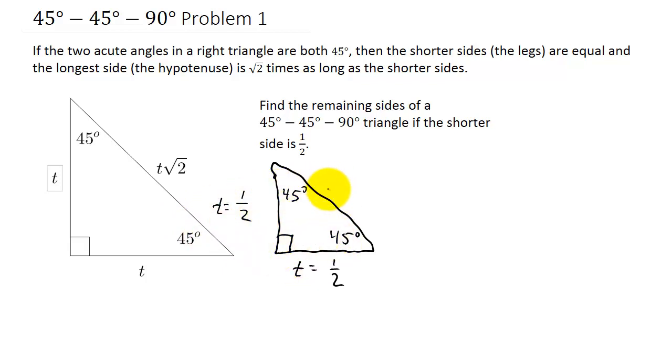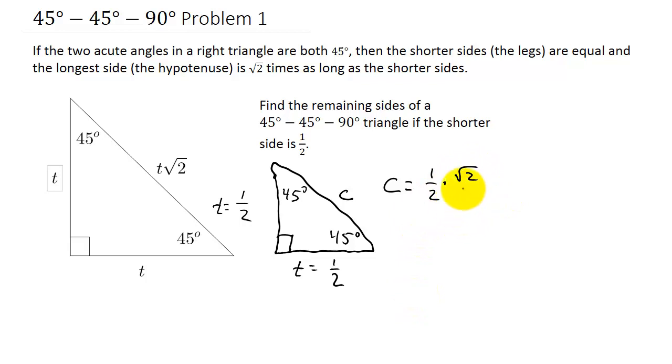So the longest side, which we'll call C, is equal to T, the length of the shorter side, times the square root of 2.